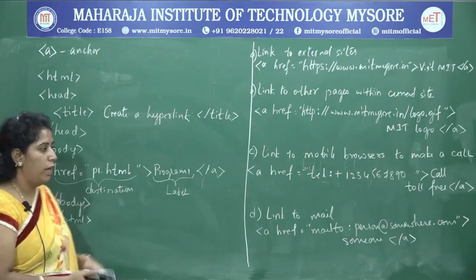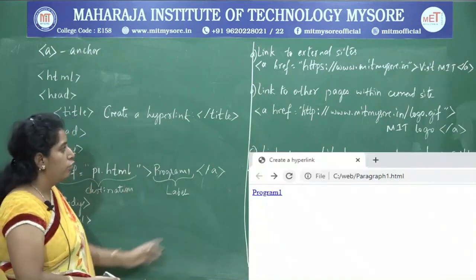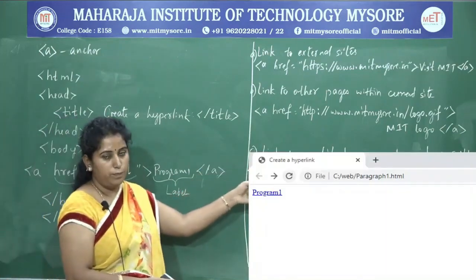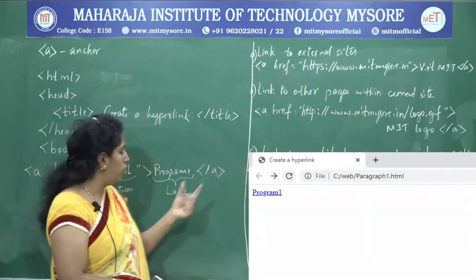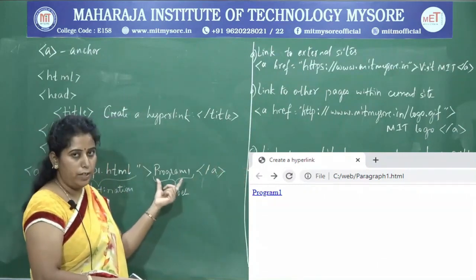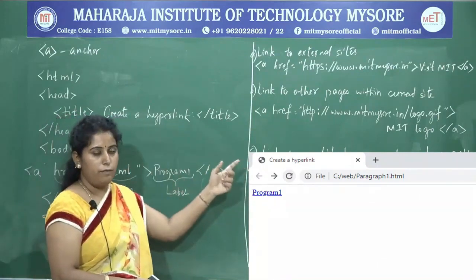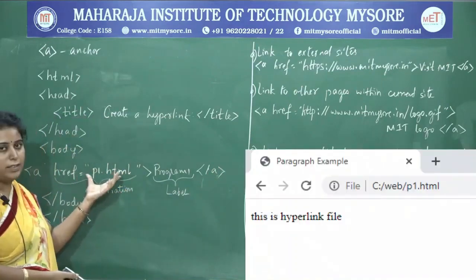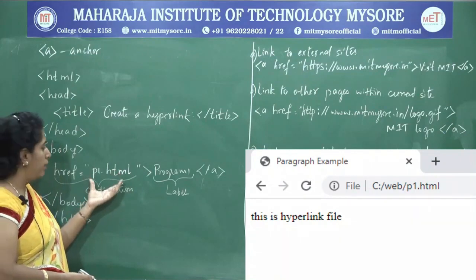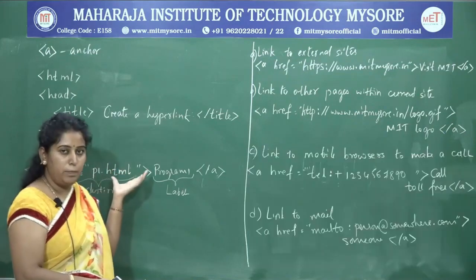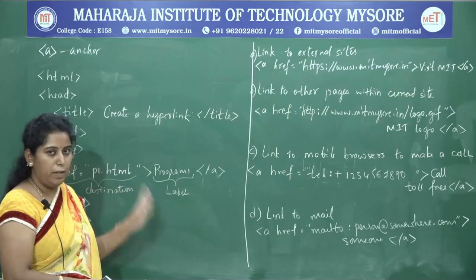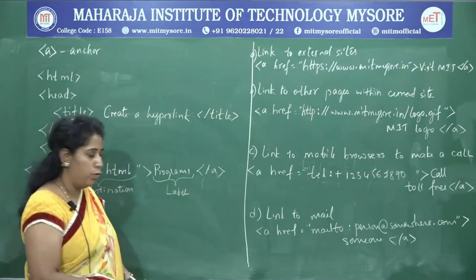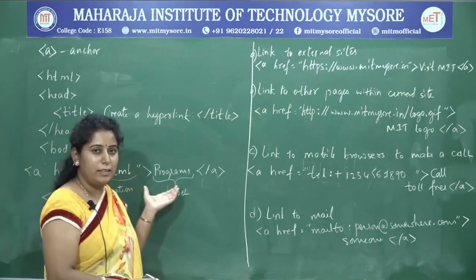So finally, once you run this program, you can look into the output in this way. See, you can notice, right, what was the label name given? Program 1. Once I click on that, finally it redirects to the document where this exists. Okay, so if this file is present in the folder where I am working with this program, it is easily accessible.